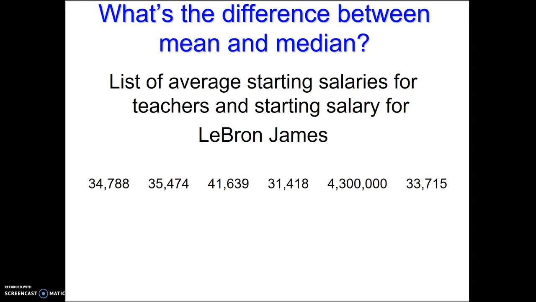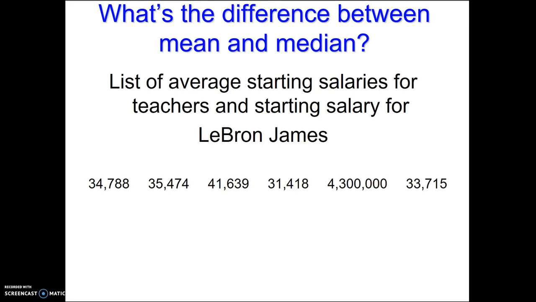So what I've done is I have created each state's average starting salary for teachers. And just for kicks and giggles, I tossed in the starting salary for LeBron James back in the day when he was 19, came out of high school. So these are all starting salaries, all good numbers.